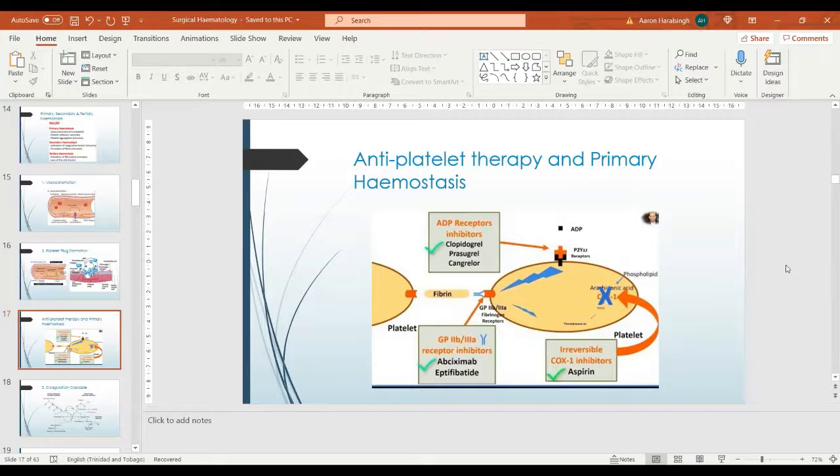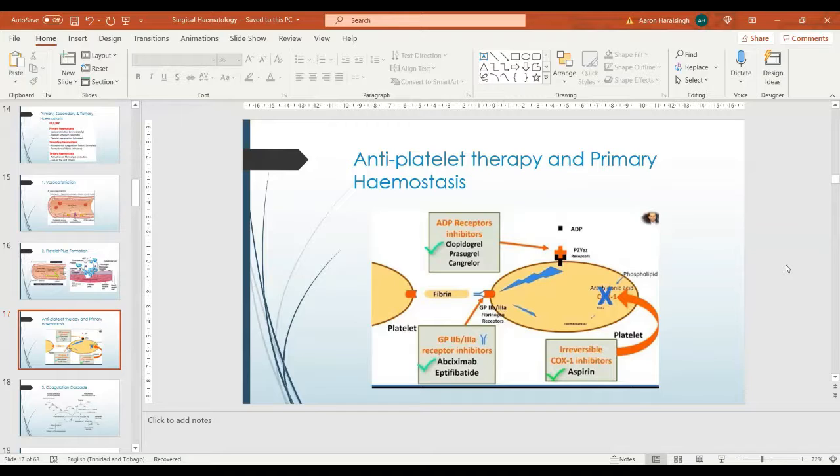It contains those receptors for von Willebrand factor, as well as receptors for collagen and fibrinogen, which are the GP1B and the GP2B and 3A receptors. And then there are phospholipids, things like platelet factor 3 or PF3.